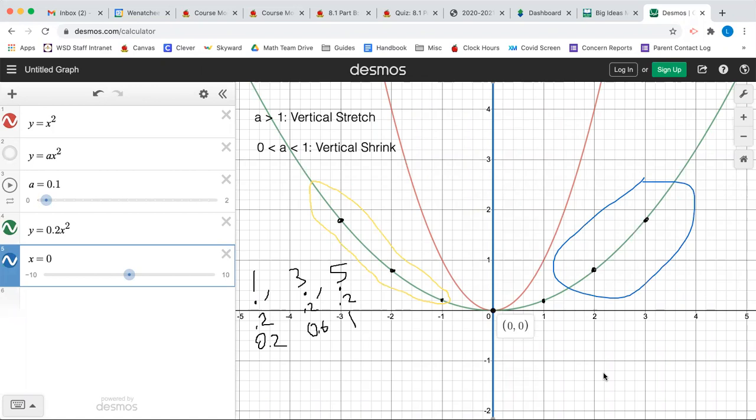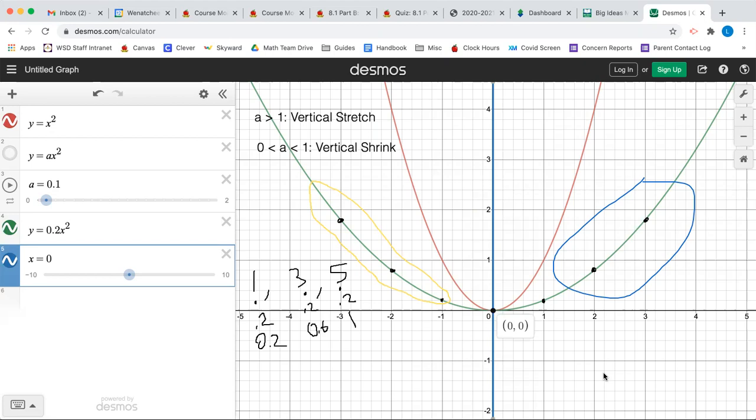So basically everything that we have experienced with our parabolas thus far applies to our parabolas when our a value is between 0 and 1. The only significant difference is that it now is wider than the ones that we've worked with before. It's wider than our parent function. And we refer to the transformation which has changed it as a vertical shrink.